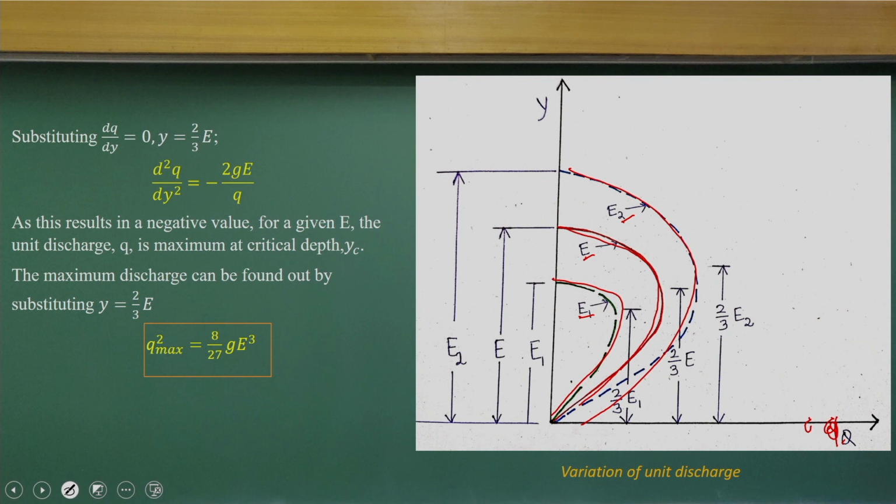For constant specific energy, you can have a curve like this, and that is what we have discussed: the specific energy will be E1 when you have Q equal to 0. So those are the two points you will have.